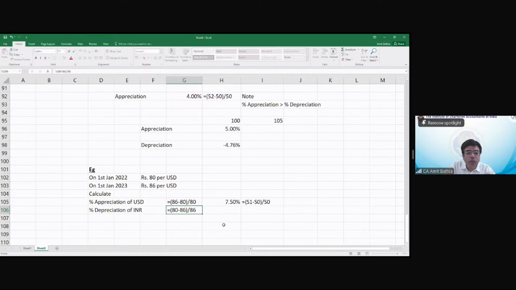Let me put this over here. So here, you can see over here, what I am getting is 6.98%. Negative because it is depreciation, right?